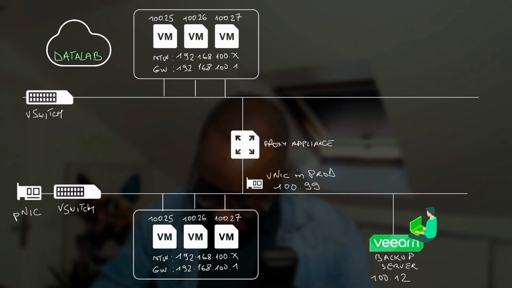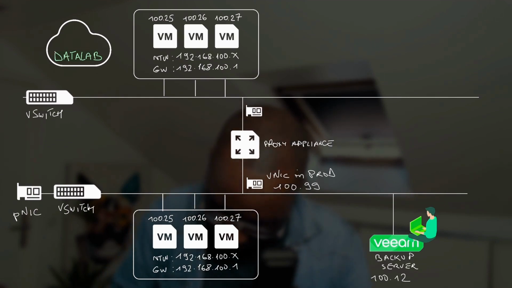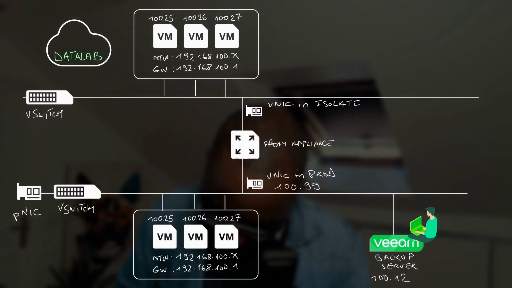Next, to be a proxy appliance, it must be connected to the Datalab, since its role is precisely to act as a gateway between the production network and the Datalab. So I will position this second interface here, connected to the virtual network in the isolated environment, and we will give a specific address to this card.